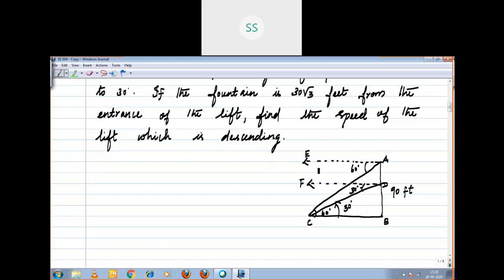That's why EAC equals 60 degrees. Then ACB equals 60 degrees, alternate interior angles. The same way FDC equals 30 degrees. DCB equals 30 degrees. Here also the same: DF and BC are parallel, CD acts as a transversal. Alternate interior angles are equal.